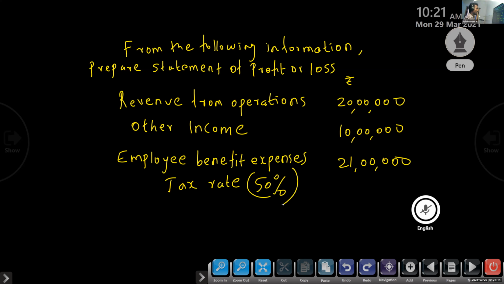So revenue from operations 20 lakh, other income 10 lakh, employee benefit expenses 21 lakh, tax rate 50%. Okay, next step. This is the question.